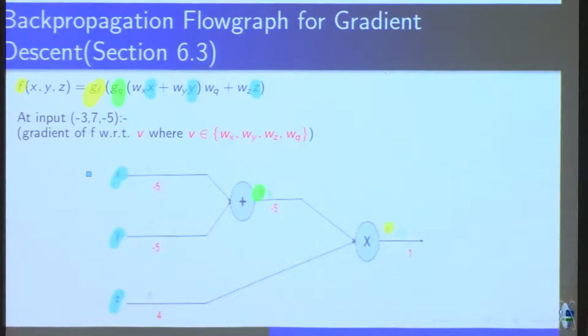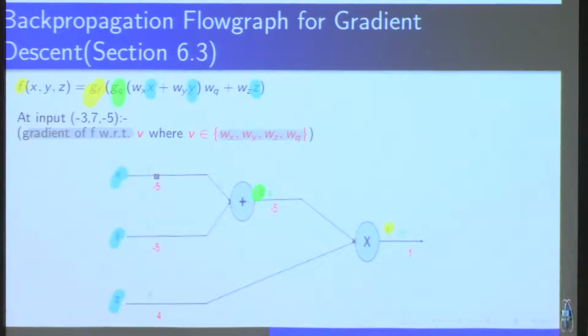And if I want the gradient of f with respect to these weights wx, wy, wz, so these are the weights, and weights you see here color coded, these are the weights. If I want the gradient of f with respect to those weights, I need to be able to do something with respect to the hidden computation of gq, which requires gf.